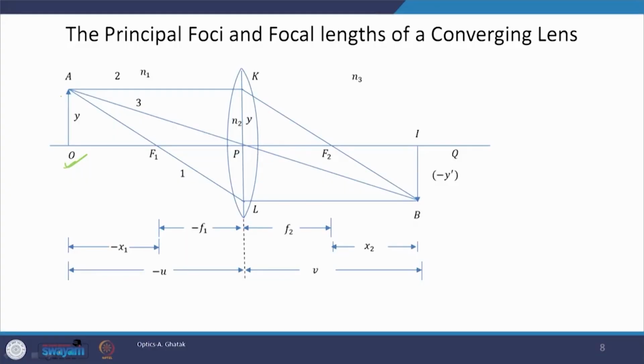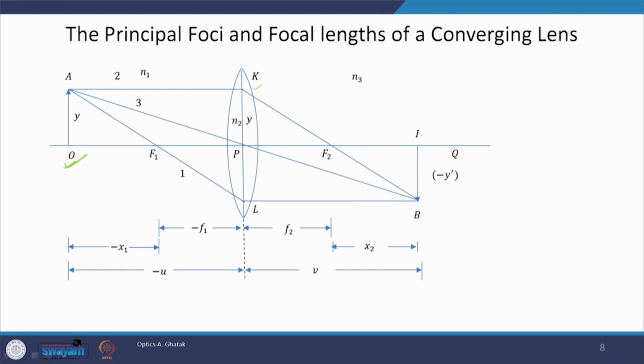Now, for this object, the lens images this object and an image is formed here at point I, and you can see in the figure that this image has a certain height.